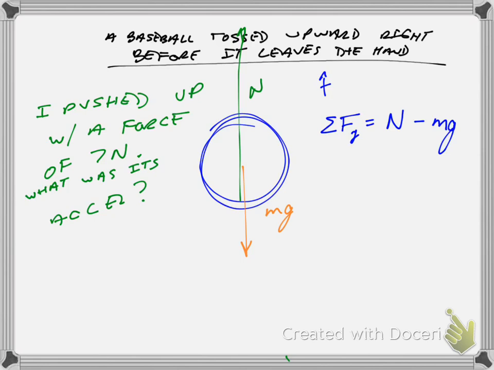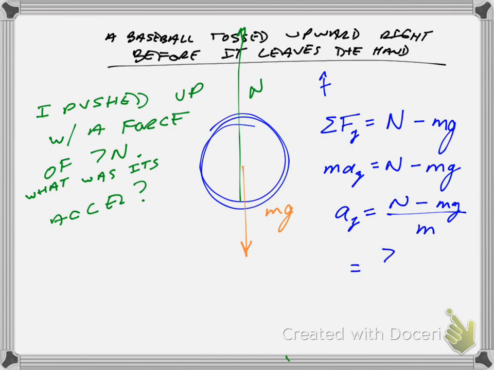Just like I've done every time before, drawn the free body diagram, written the F net statement, and now that I have a good solid F net statement, I'm going to substitute ma for F net, and I get ma equals normal minus mg. However, this time the acceleration is not 0, so I'm not going to cross it out, but I am going to solve for the acceleration. The way I do that is I divide both sides by mass, and I just have to take normal minus mg divided by the mass will give me that acceleration.